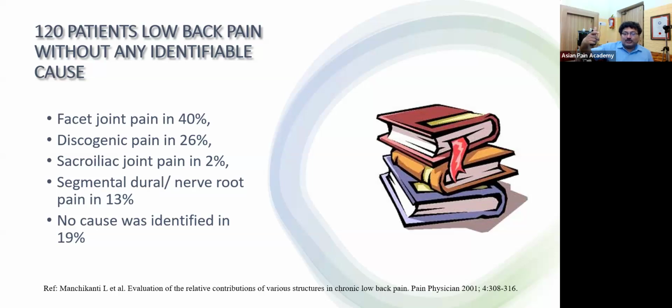Sacroiliac joint pain around 2%. Segmental nerve root pain is usually around 19%, and no cause identifiable in 19%. So remember, 80% of those patients who are in a diagnostic dilemma, moving from doctor to doctor, we are able to diagnose and find out the pain generator with the help of diagnostic interventional pain procedures.